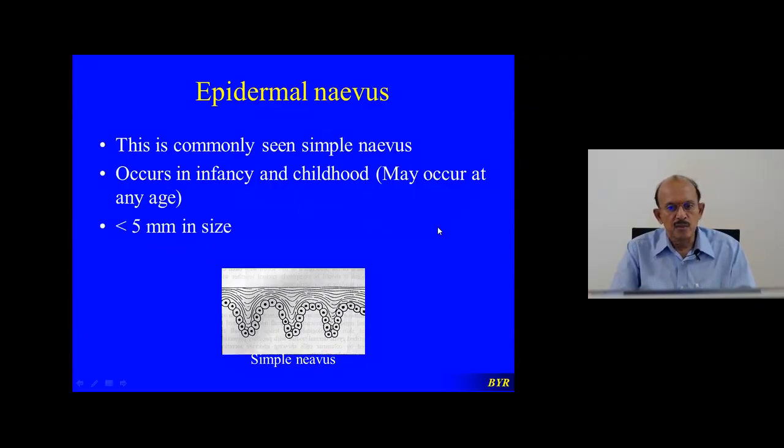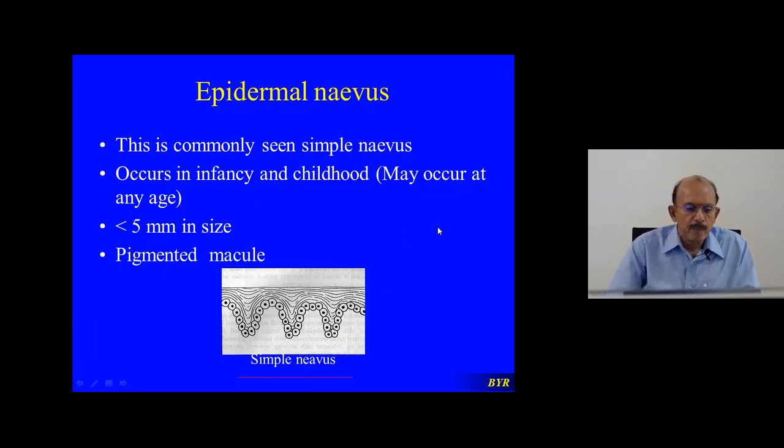It is less than 5 millimeters in size. It is a pigmented macule. So most of us have these, and they are taken as birthmarks. So whenever some government authority wants to identify you, they will take these as identification marks for you. So these are the epidermal nevi.